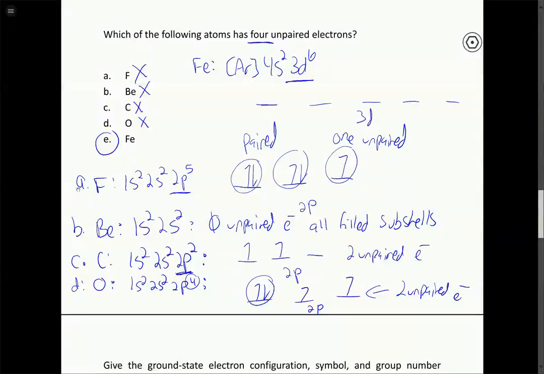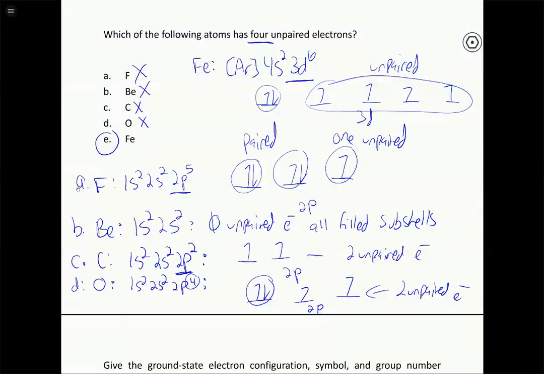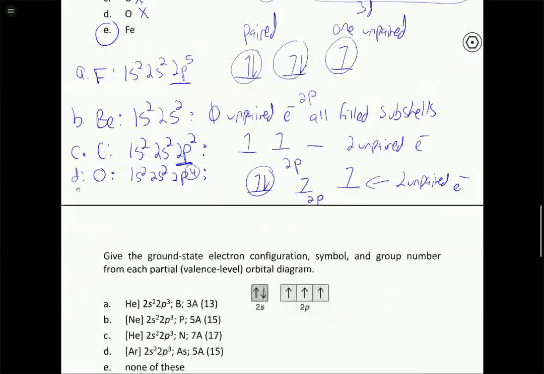So it's going to be 1, 2, 3, 4, 5, 6. These 2 are paired, and then these 4 here are all unpaired. So iron does in fact have 4 unpaired electrons. That's going to be the correct answer, which we got by elimination by doing the other 3. Anytime we ask about unpaired electrons, you need to make sure to not only determine the configuration, but also fill the orbitals using Hund's rule.